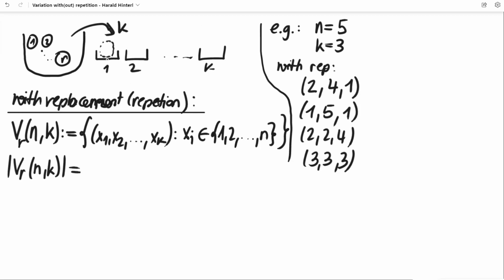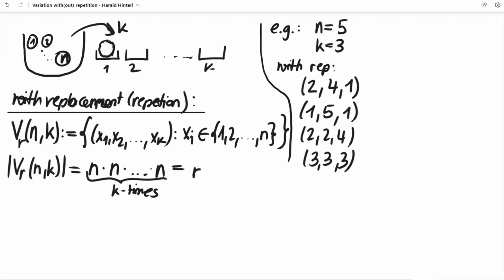So for the first place here, you have n different possibilities. So because there are n balls available. You replace the ball, so you don't change the experiment. And for the second place, you also have n different possibilities. And so on, until the last one. So this is repeated k times.